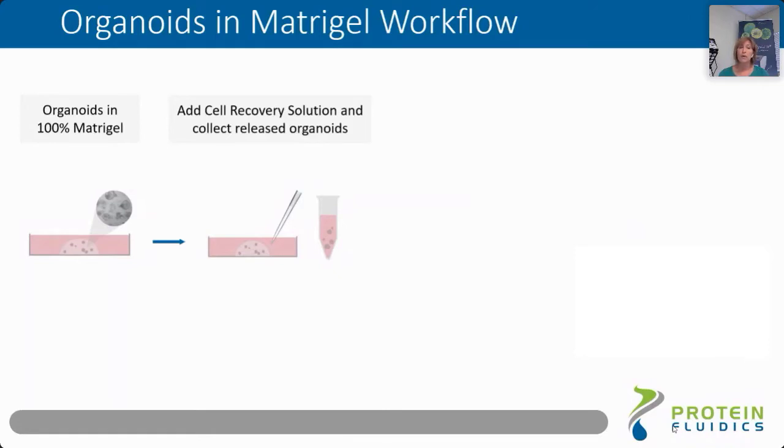Now, typically, scientists would culture organoids in 90 to 100% Matrigel dome. Therefore, we have developed a procedure to retrieve these organoids using cell recovery solution from the dome. And then we need to transfer them to 25 to 30% Matrigel. You can use either Eppendorf vial for that or different kinds of plate, again, depending on the setup of your lab.